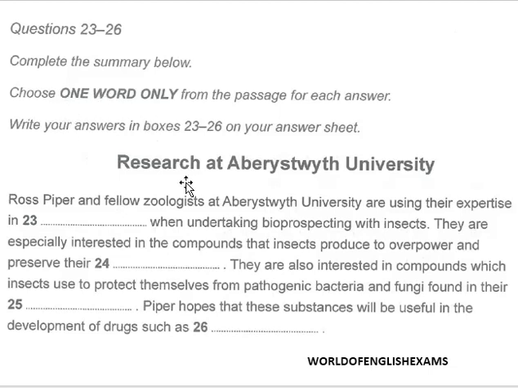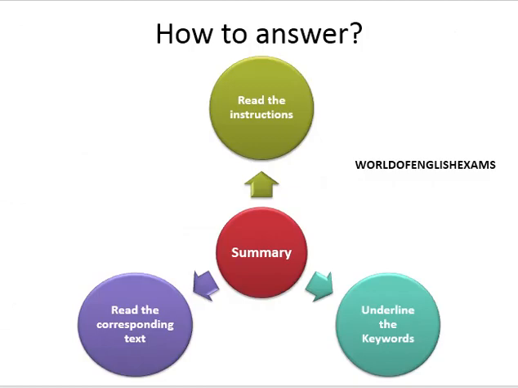So choose one word only. And here the title says research at Aberystwyth University. So we have to keep this in our mind, and this is the main keyword. You need to find the name of this university, and then we need to approach the question type. So quickly let me tell you the process of answering these questions. So first thing is to read the instructions, which we have done just now.